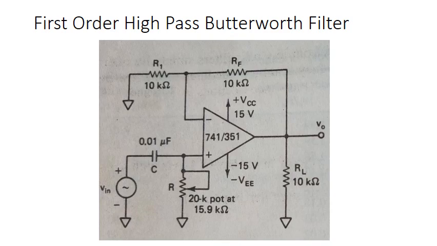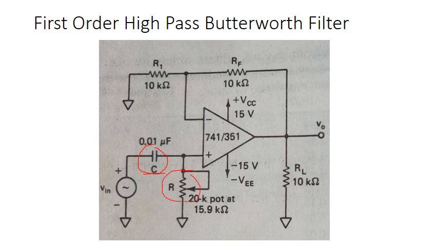So, this is the diagram of the first order high pass Butterworth filter. The only difference between the low pass filter and high pass filter is the capacitor and the resistor over here. So this is interchanged. For the low pass filter you have a resistor here and a capacitor here.